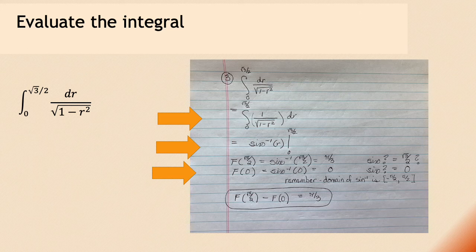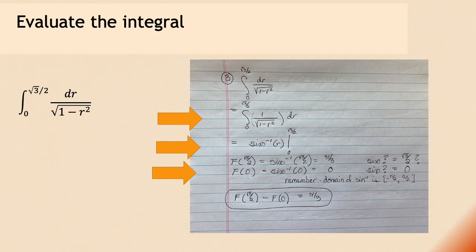How do I know it's that angle? Because there are a lot of angles where the sine is square root of 3 over 2. Remember, the sine is periodic. You also have to remember that the range of the inverse sine is only negative pi over 2 to pi over 2. So you can only find legitimate angles for inverse sine in that interval.